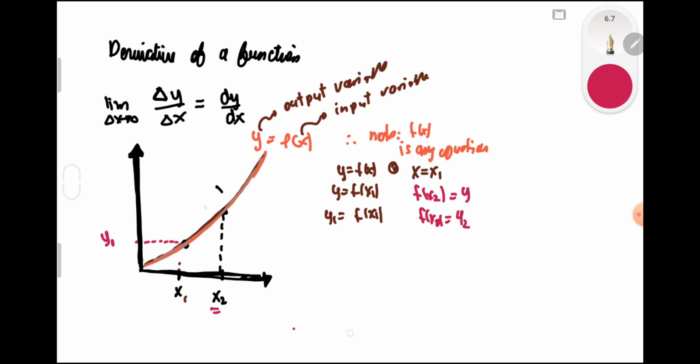So pag nag-substitute tayo ng x sub 2, we will have a specific point, y sub 2. So meron tayong x sub 2 and y sub 2, and also we have x sub 1 and y sub 1. But we are dealing with change, yung delta natin. Okay? So let us represent your x sub 2 as a certain change.